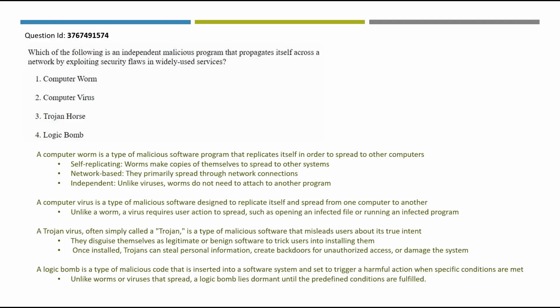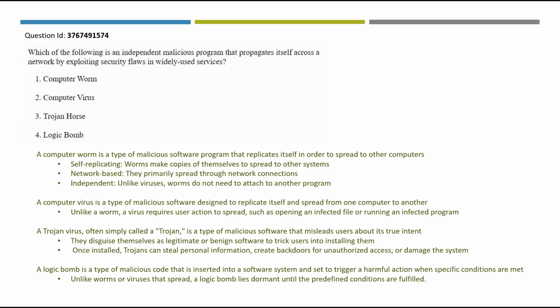The characteristics here are: it is self-replicating, which means worms can make copies of themselves to spread to other systems. The next characteristic is that it is network based. They primarily spread through network connections. And they are independent. Unlike viruses, worms do not need to attach to another program.